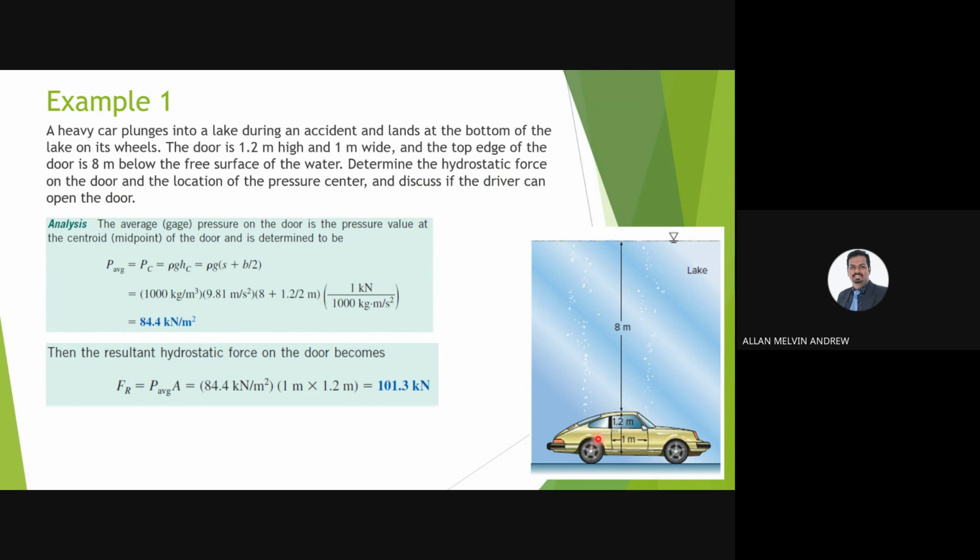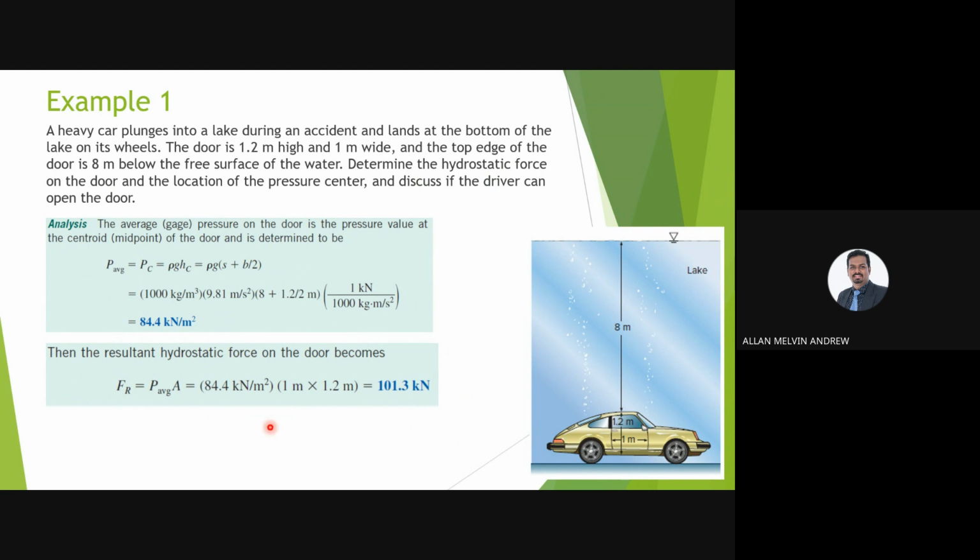If you consider it not a square, just write a statement there: assume the door is a square, then you can use this. It's not wrong. Once you solve this, the force acting on the door is 101.3 kilonewtons.